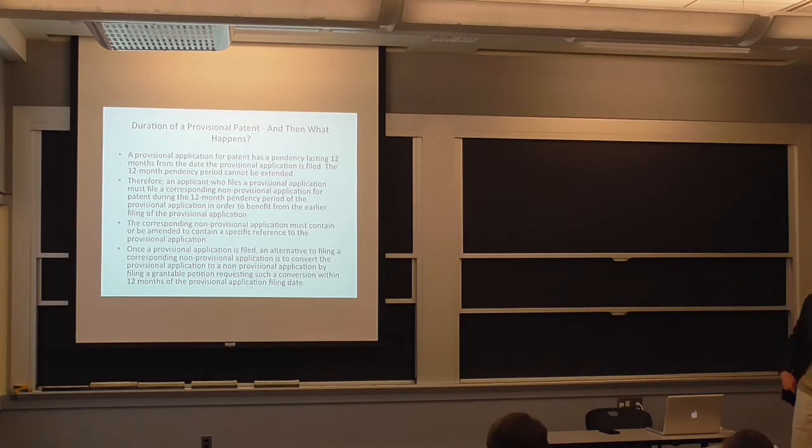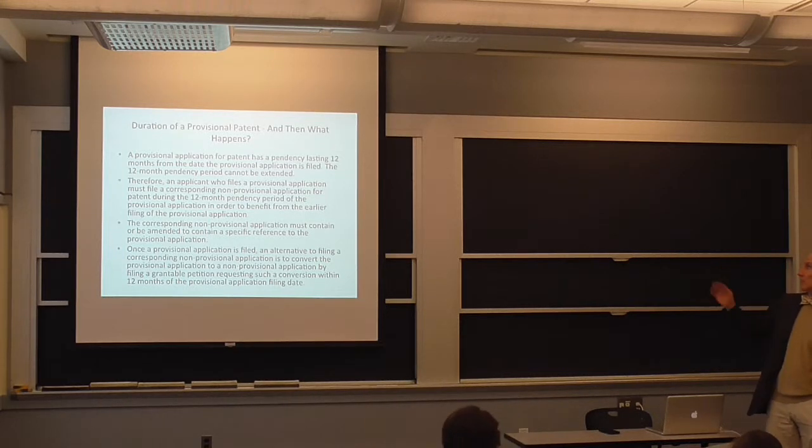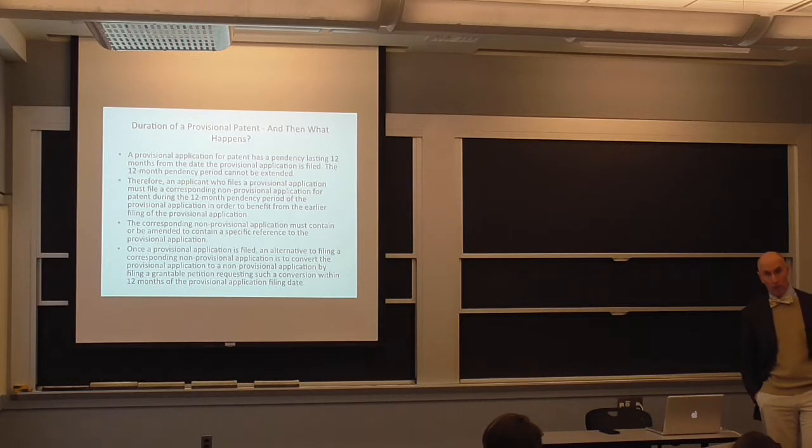Duration of a provisional patent, then what happens? I think we've already touched on some of this. As we said, the provisional patent application lasts 12 months. Therefore, an applicant who files a provisional application must file a corresponding non-provisional application within 12 months, or you lose your rights. The corresponding non-provisional application must contain or be amended to contain a specific reference to the provisional application. It's very important.